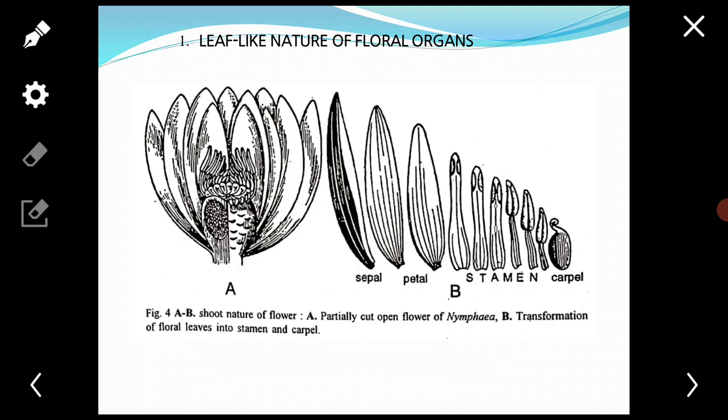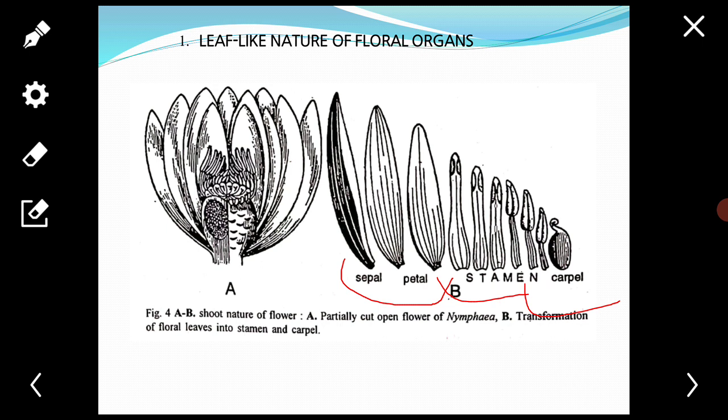Fourth, that is the transition of floral leaves. In water lily plant, there is a gradual transition from sepals to petals, and petals to stamens, and stamens to carpels.